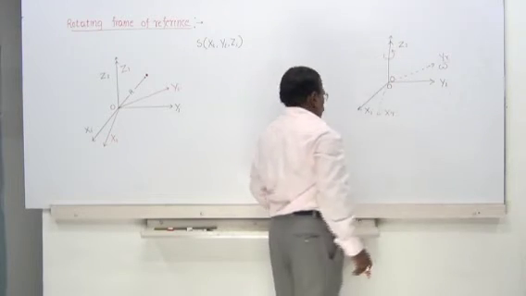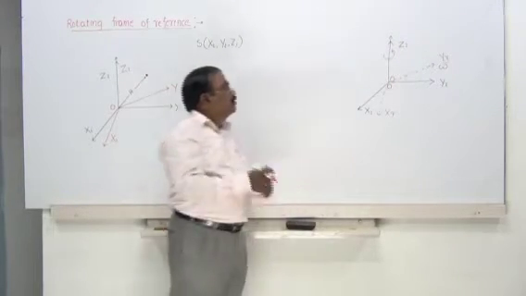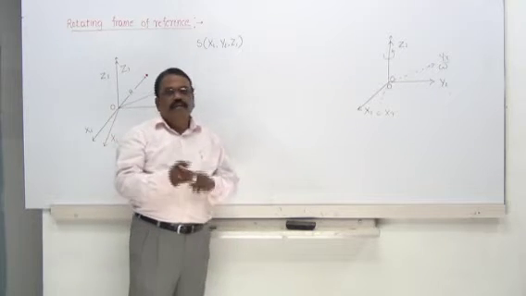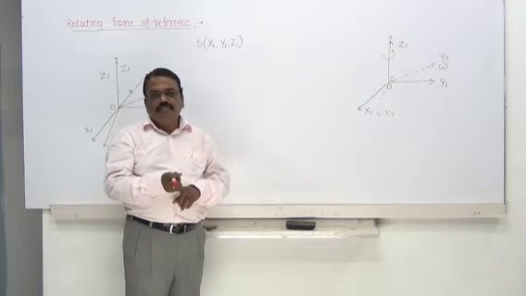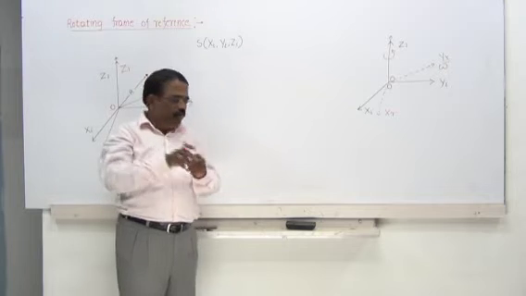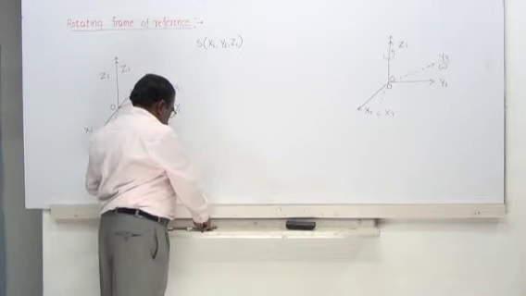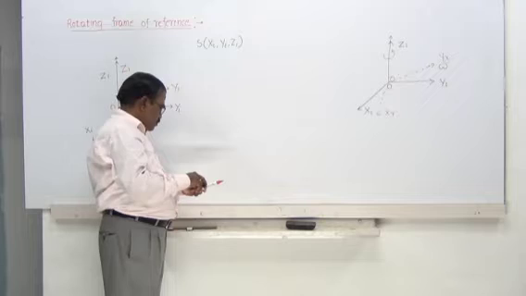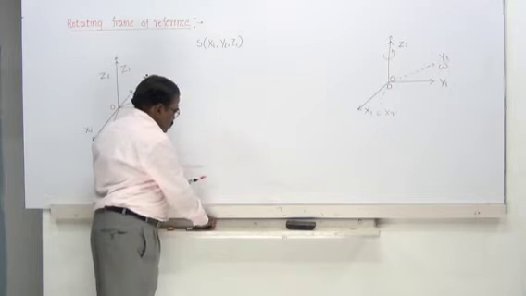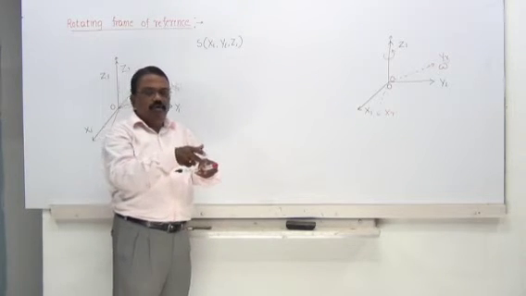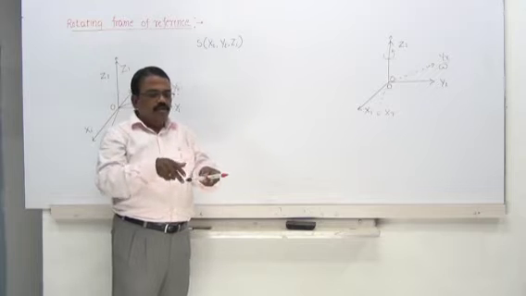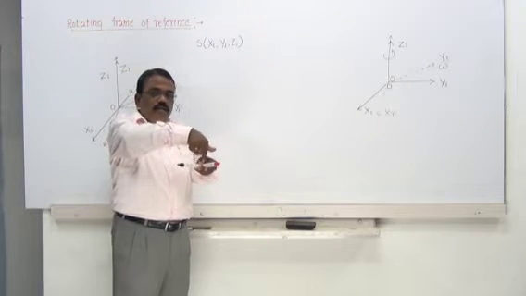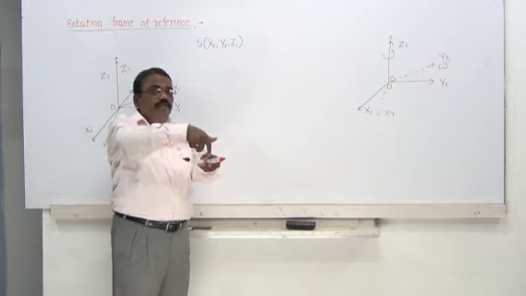So the z axes of both the frames of reference S and S dash are coinciding. The X and Y axes rotate, but Zi and ZR are coinciding.